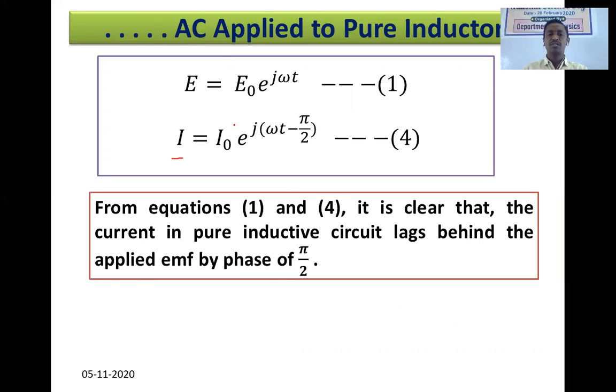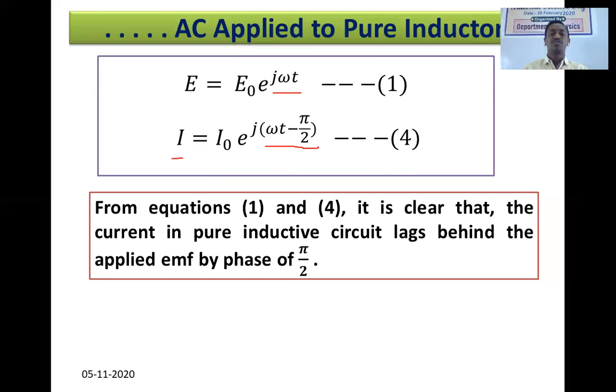Now let us discuss the phase. Here the phase of the applied AC voltage is omega t, and the phase of the instantaneous current will be omega t minus pi by 2. So we can see that the phase of the instantaneous current decreases by an amount pi by 2. So from equations 1 and 4, it is clear that the current in a pure inductive circuit lags behind the applied EMF by a phase of pi by 2.